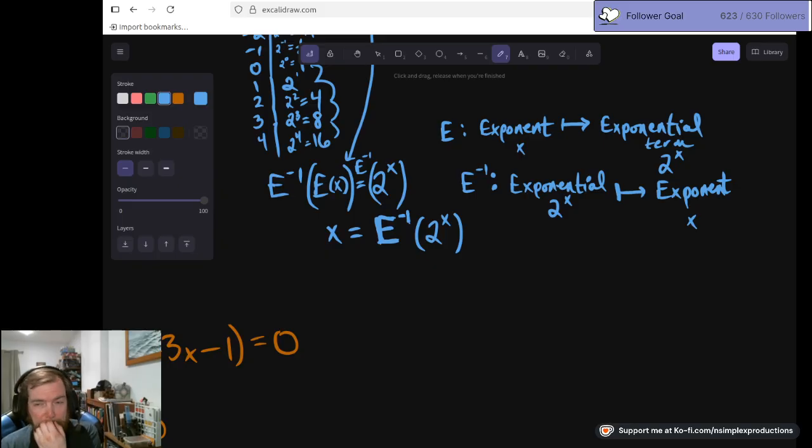Okay, so in this particular case, we're looking at this and saying that we need, you know what, let me get my other... Logarithmic functions.